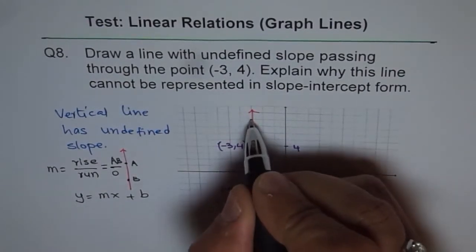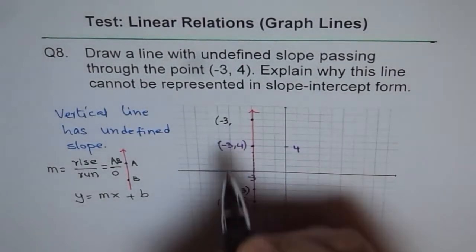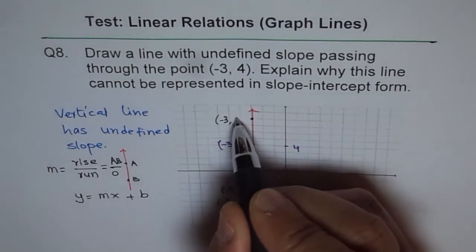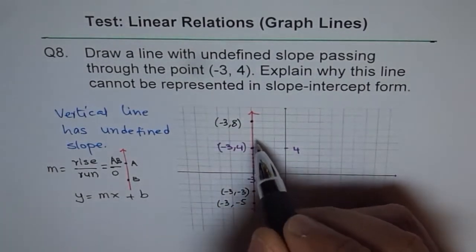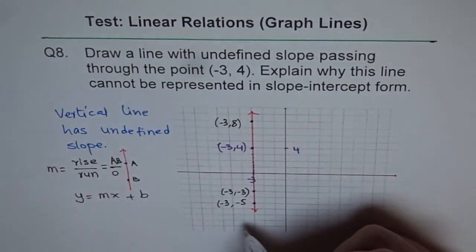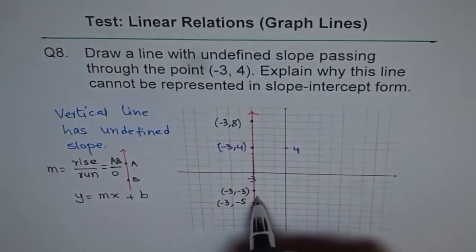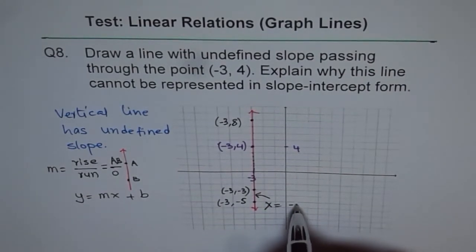Let's take some more points. This point has x value of minus 3 and the y value is, after 4, 5, 6, 7, 8. So as you can see, each and every point on this line has one thing in common, and that is the x value. So this line is defined by x equals minus 3.